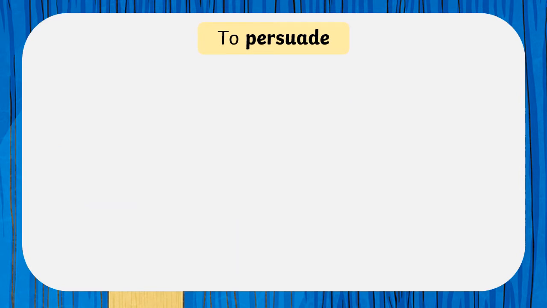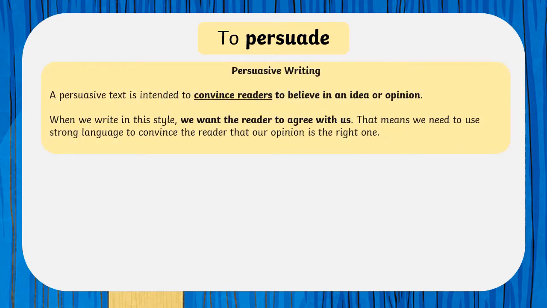Out of the four main purposes of speech writing, we are going to focus on one, which is to persuade. What do we understand about this? What does it mean to persuade in a text? Now, when it comes to persuasive writing and persuasive text, it is intended to convince readers to believe in an idea or opinion.